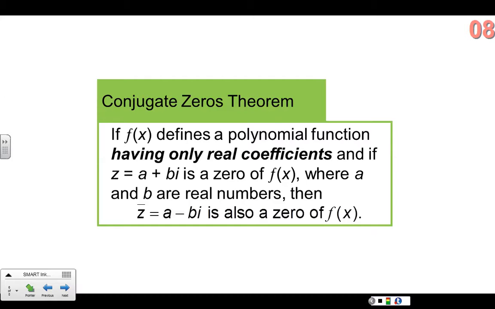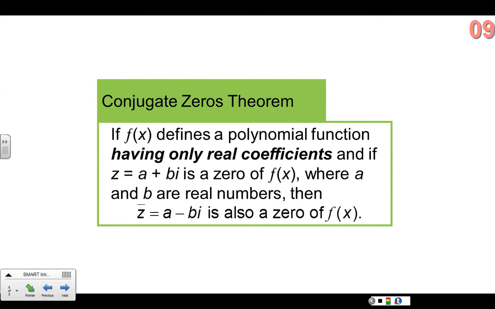A complex number that involves an imaginary portion can never be a zero of a polynomial by itself. You have to have both the complex number and its conjugate. So if you have a plus bi, you also have to have a minus bi. They both have to be zeros of the polynomial. They always occur in conjugate pairs. You can never have one and not the other.